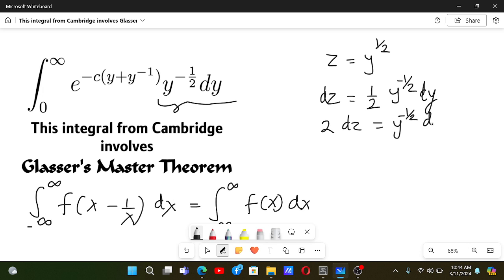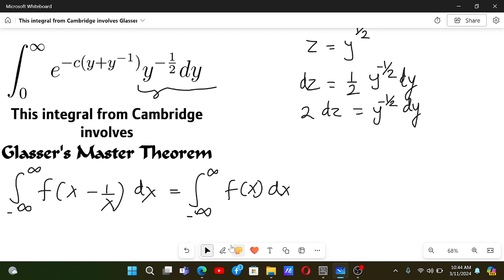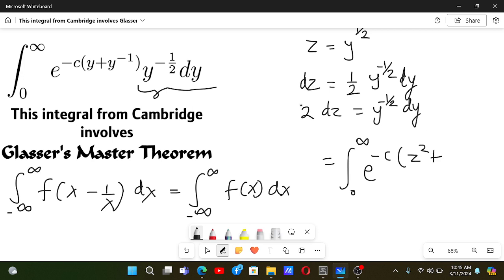Now with this substitution, the integral converts to: at y equals 0, g equals 0, at infinity g equals infinity, and then e to the power minus c. Our y is g square, and over here g to the power minus 2, and y to the power minus 1 by 2 dy is just 2 times dg.